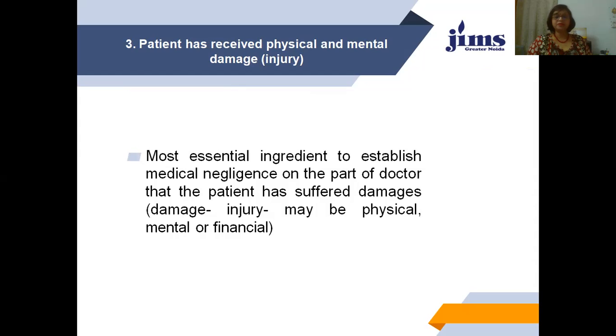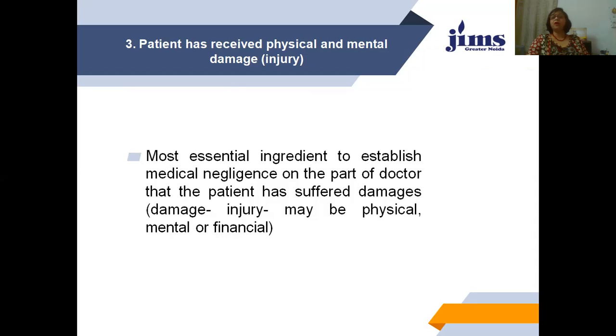If there is no damage to the patient, the patient cannot succeed in his action. The patient must establish that the damage sustained is the result of the doctor's negligence by act of commission or omission causing a breach of duty owed to him.